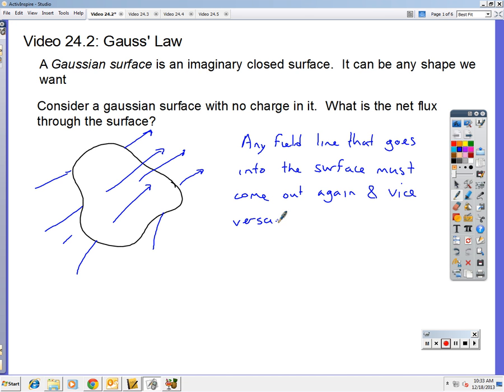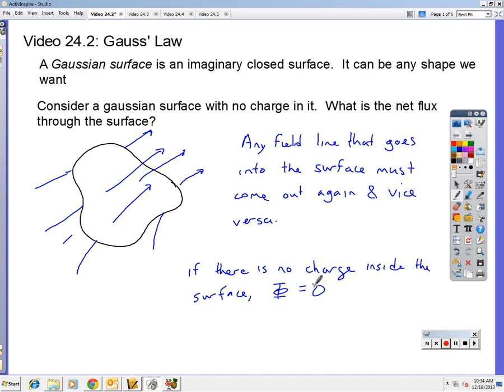And since the field lines that go into the surface count as negative flux, and the field lines that come out count as positive flux, the result is that if there is no charge inside the surface, the net flux is going to be zero.